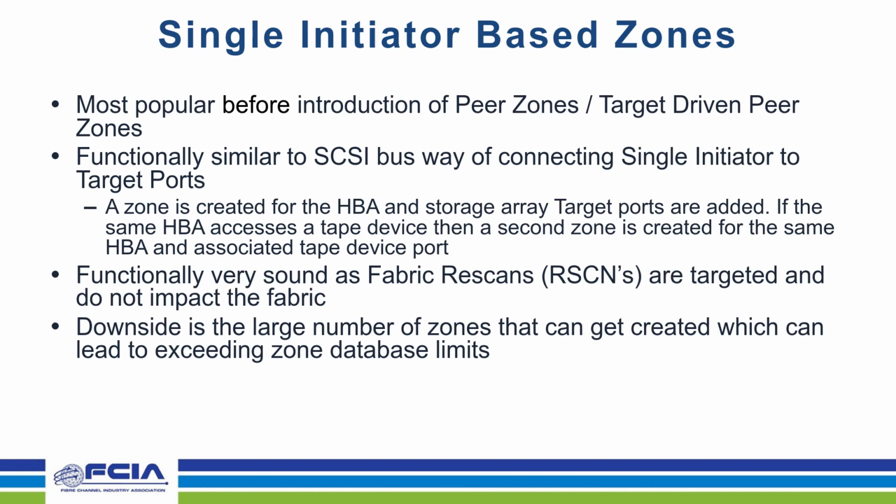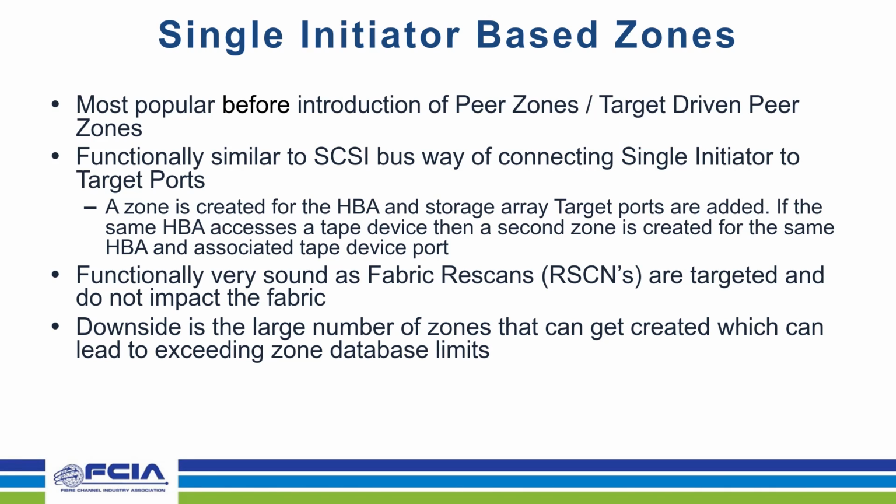The first type, single initiator-based zones, is very similar to how we used to connect when we had direct attached storage on a SCSI bus, right? You had a single HBA, a single adapter in the server, connected to either several disks or even an external storage array that was directly connected to the server. So single initiator based zones are very similar to that.